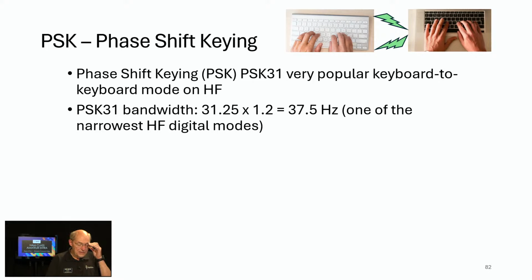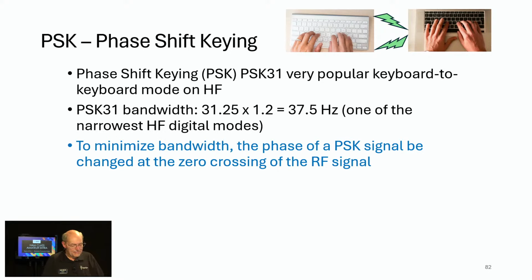So what is the bandwidth of PSK 31? Well, it works out to about 37.5 hertz, so it's pretty narrow. One of the narrowest digital HF modes. And there's some tricks that are used here to minimize bandwidth for PSK. The phase of a PSK signal is changed at the zero crossing of the RF signal.